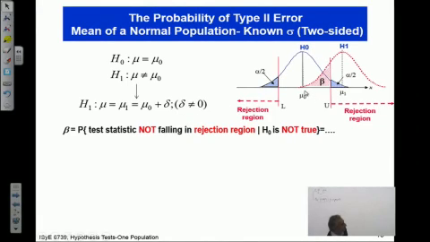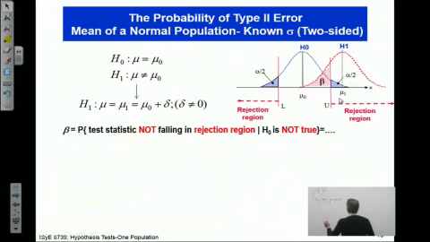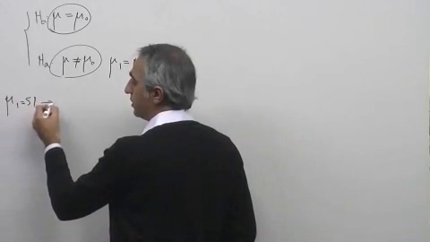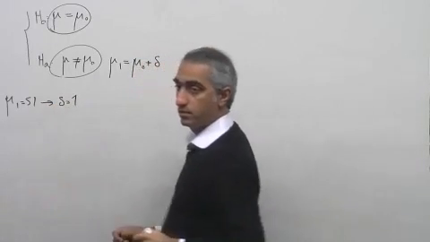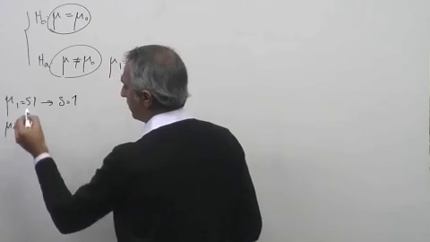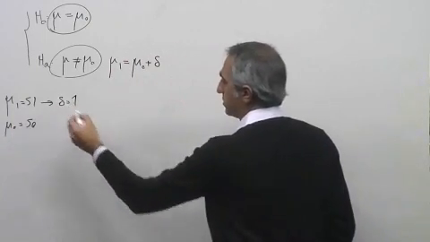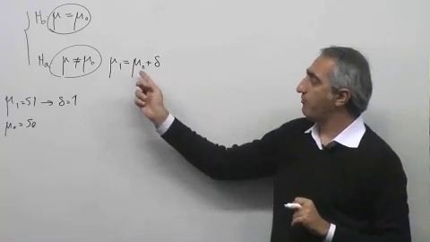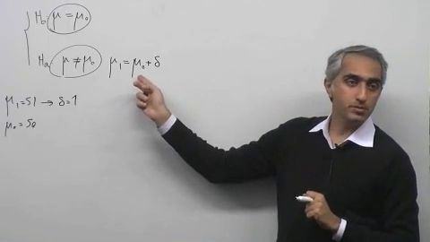So what is delta in this example? It is the difference between mu0 and mu1. Does it make sense? For example, if mu1 is 51, your delta would be 1, for the case of mu0 equal to 50. That's just one simple example, to show how far we are from our mu0.